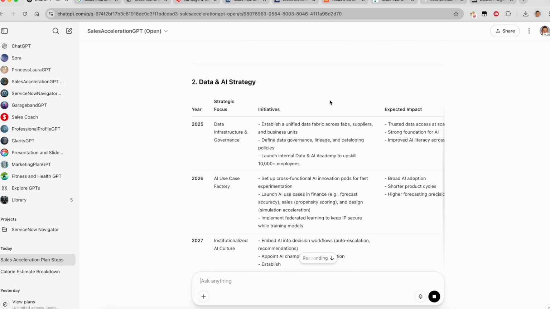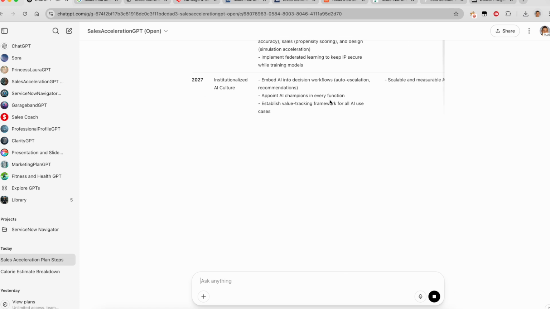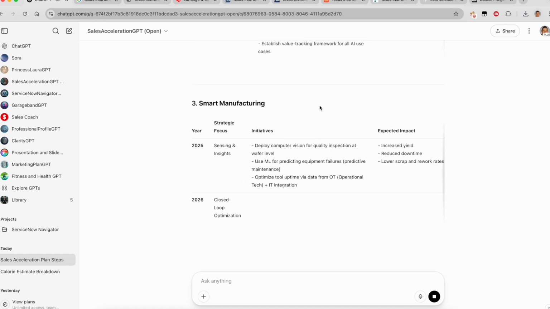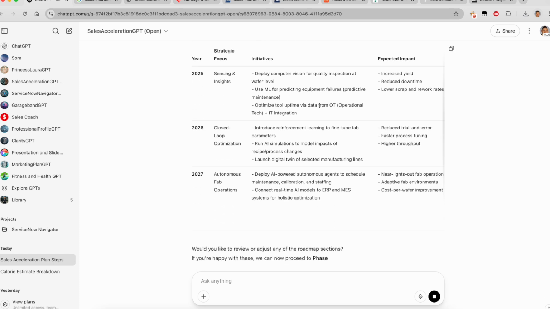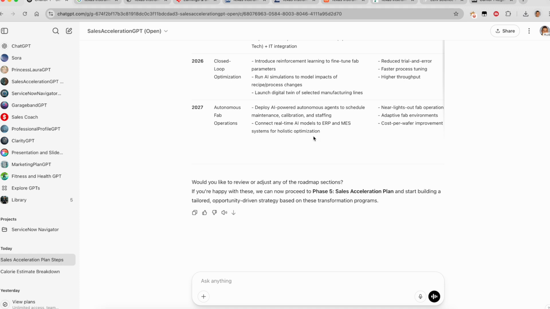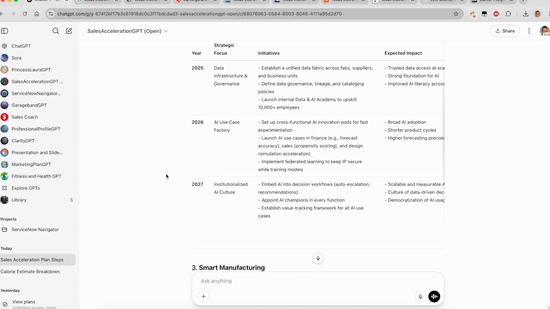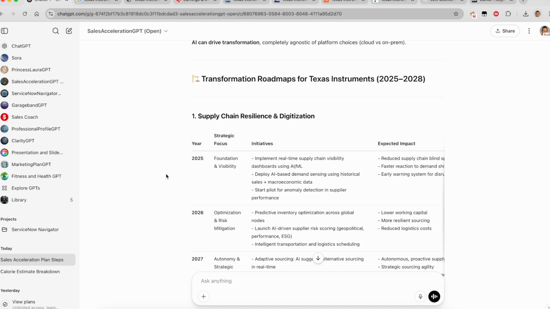So this is not bad. Don't get me wrong. This is really cool. I mean, supply chain optimization with AI, demand sensing with AI, computer vision for quality inspection at wafer level. That sounds pretty cool.